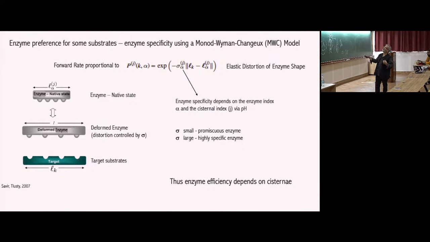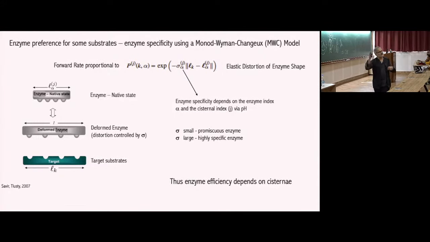We model that by the extremely well-known MWC model, which is schematized here. Imagine I have an enzyme in a native state of size or shape, quantified by this script L alpha J. J is the cisternal index, and alpha is the enzyme index. So a given enzyme type can have a given shape in a given cisterna.